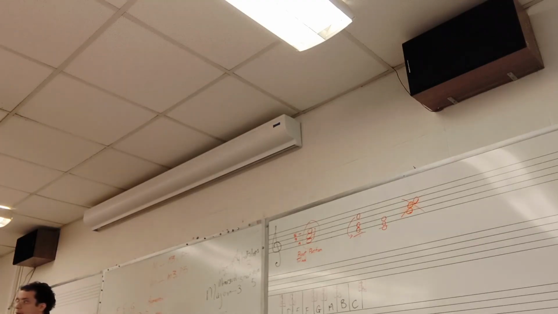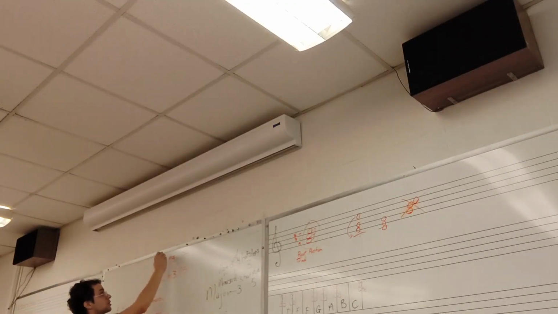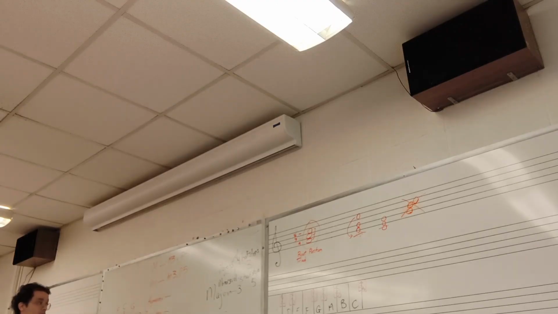Has anyone heard about that before? Some? Okay. So these are a little trickier because, as you can see in this case, the only thing that changes is the thirds, and the fifths stay the same. Over here, in both cases, we're changing thirds and fifths. So there are ways to remember them, and we're going to go through that.